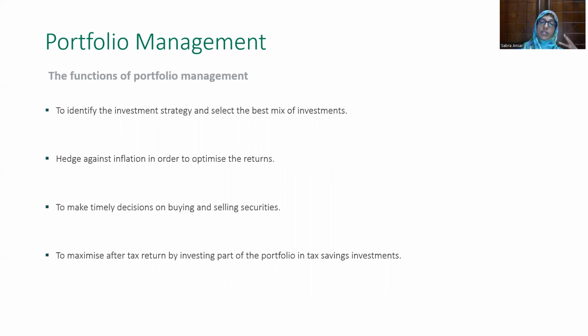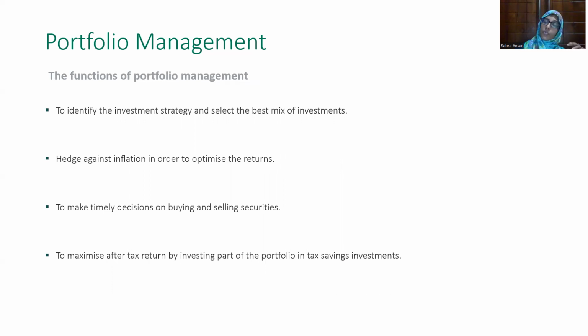The first is selection of the best mix of investment when an investment strategy is decided upon. The second function is to hedge against inflation, and portfolio management does that. The third function is to make timely decisions when it comes to buying and selling securities.